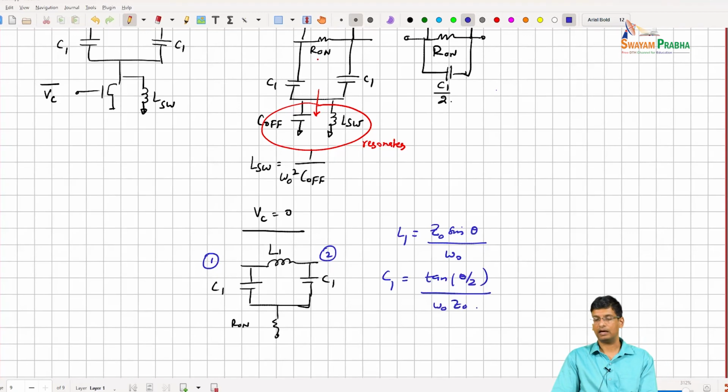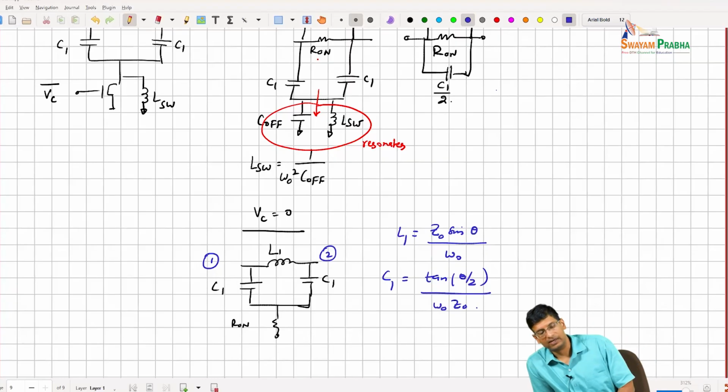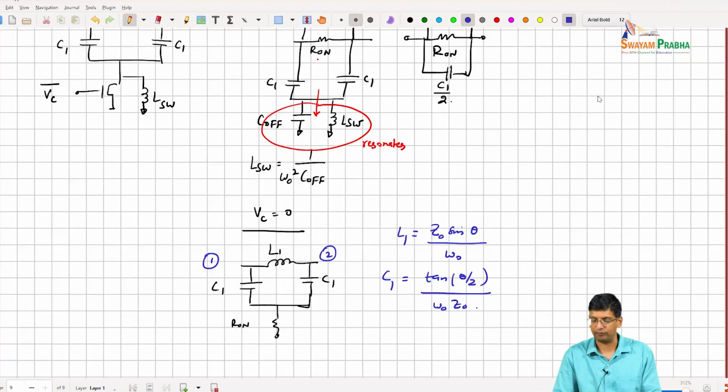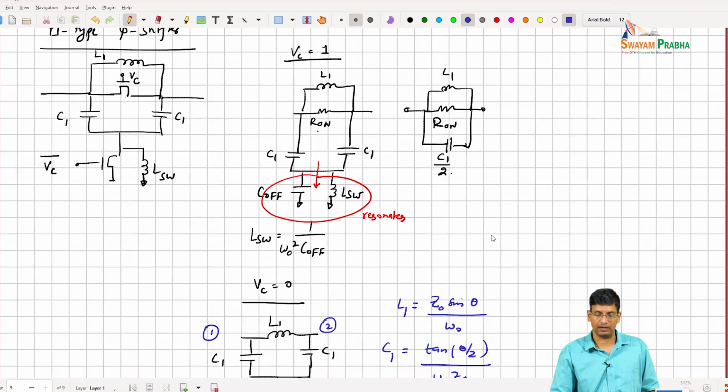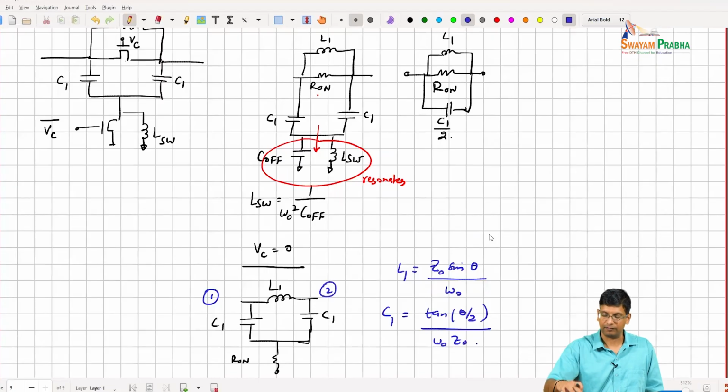So if you build this for a particular phase shift that you'd like, you can assume that between these two states, the relative phase shift is theta, and when it is in the VC0 state, this section has an impedance Z naught, right?